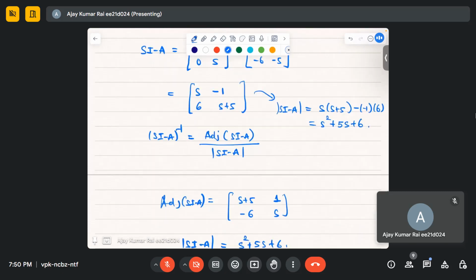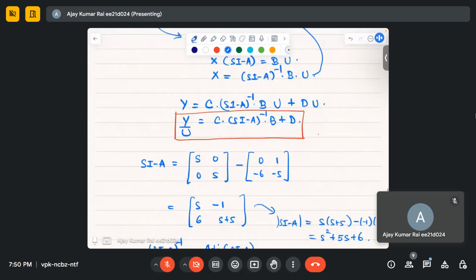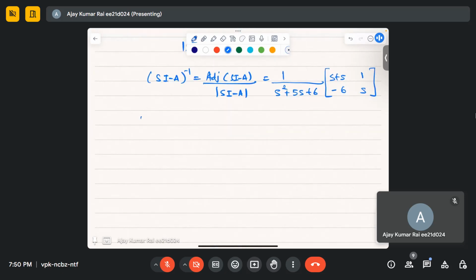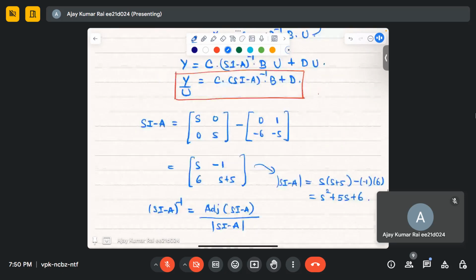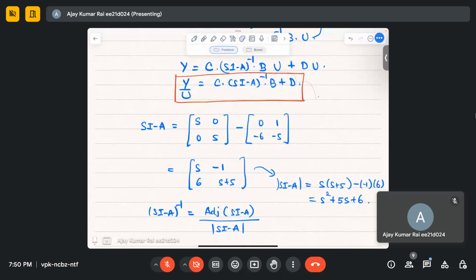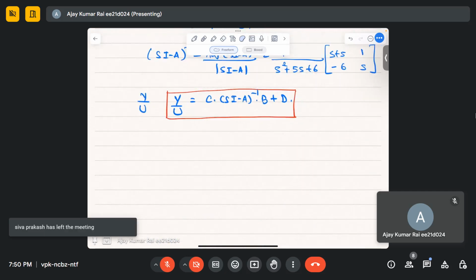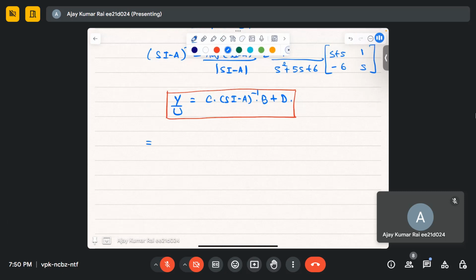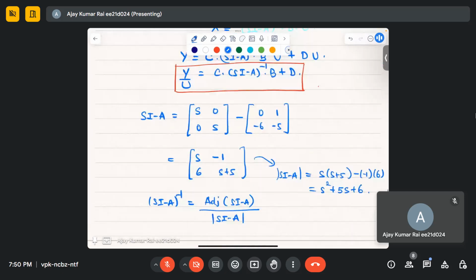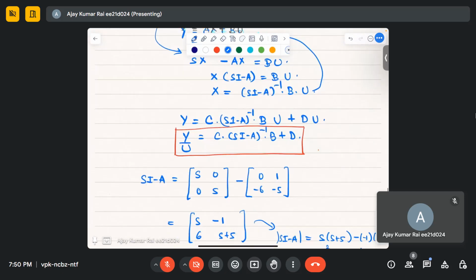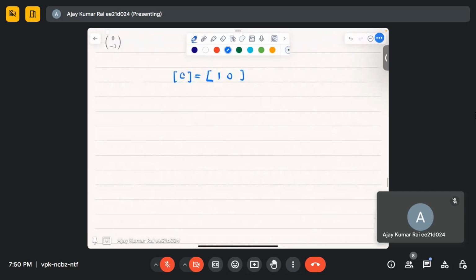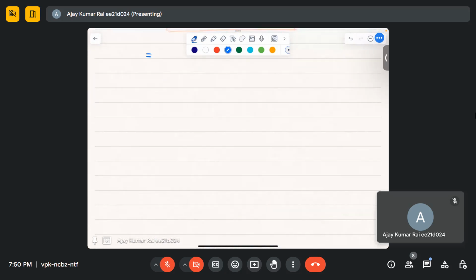So let me put this sI minus A inverse in the original equation. So what is Y by U? Again let me copy this equation. So what is C? C was 1 0.